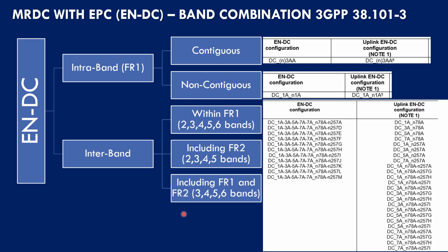The last category includes FR1 and FR2, meaning LTE is FR1 but NR can be a mix of FR1 and FR2. 3GPP has defined a similar table for NRDC and NEDC as well.